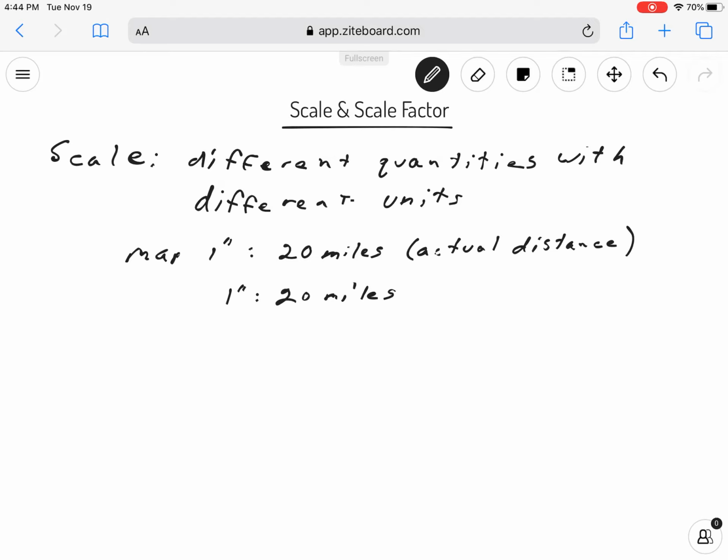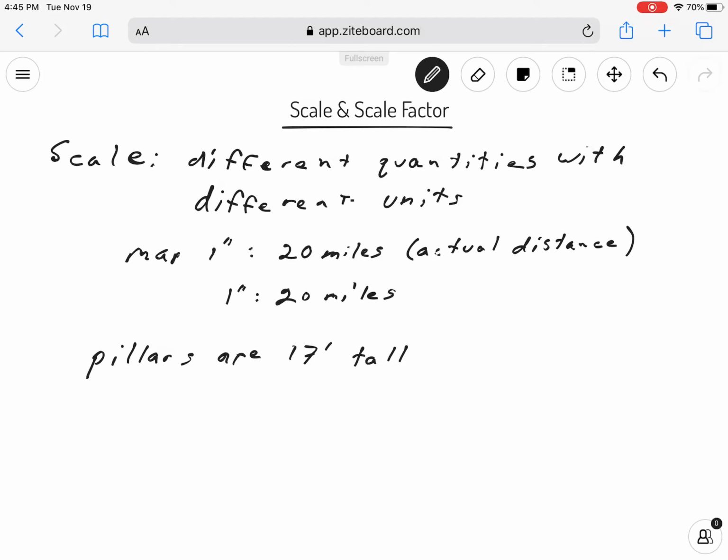I could also say we're going to make a scale model of a memorial in Washington, D.C. And its pillars are 17 feet tall. I'm not going to make a model in feet, but I will make a model in inches.